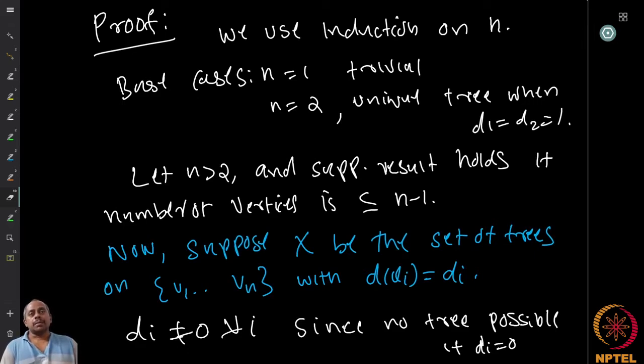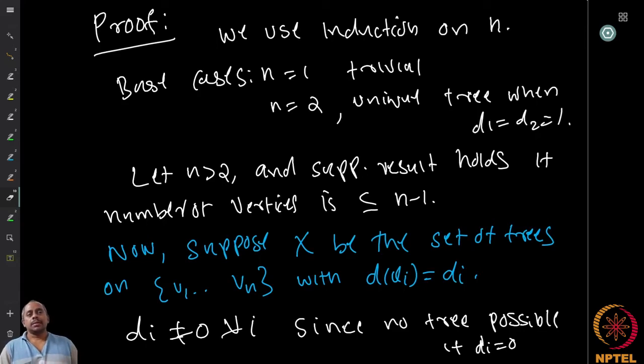Now what we do is that we take the set of trees on the vertex set v1 to vn with the degree of vi equal to di. So collect all this. Given this sequence d1 to dn with the degree of vi equal to di, we look at the set of all trees that we can construct on the vertex set v1 to vn with this property. Okay. So consider the set and call it X.